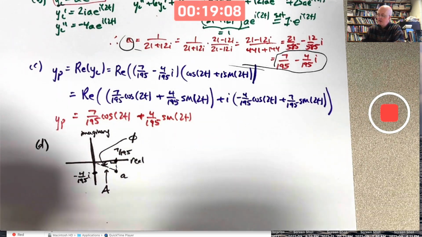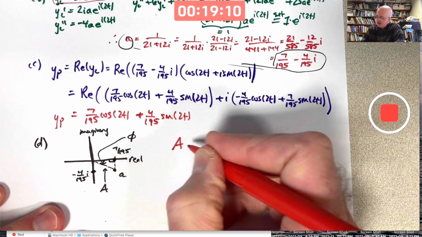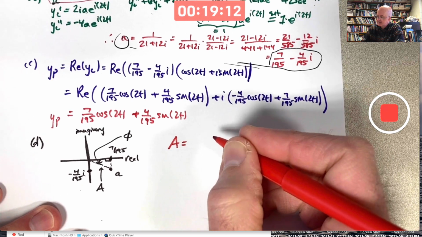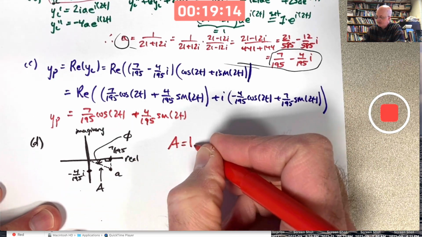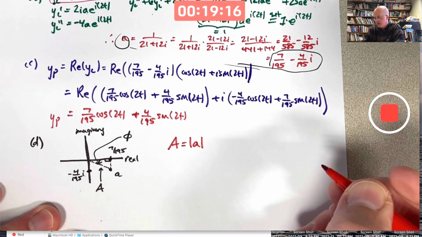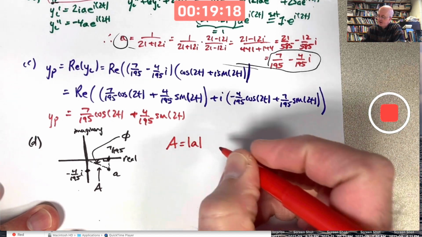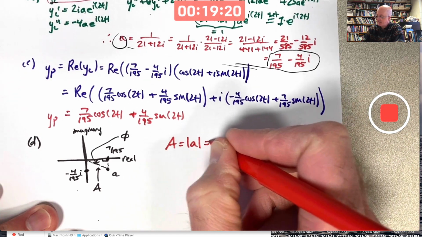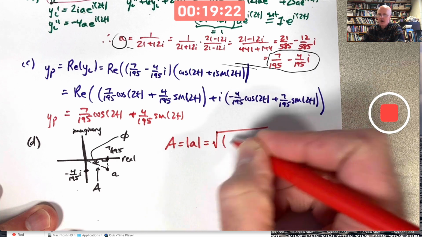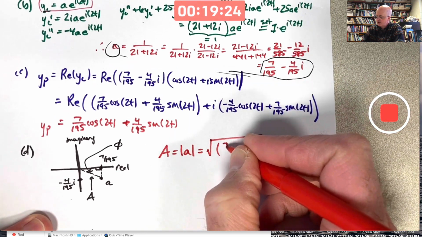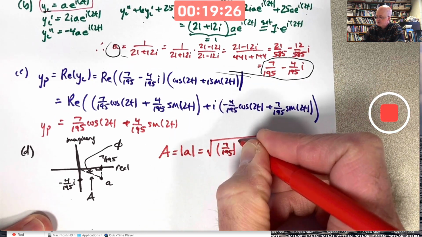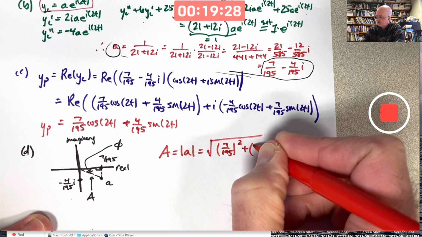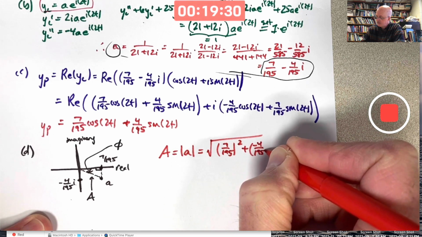So it turns out capital A, the amplitude of the forced response, is the distance between little a and the origin. That's typically written as the absolute value of a, also called the modulus of a. And it is, by the Pythagorean theorem, the square root of (7 over 195) squared plus (negative 4 over 195) squared.